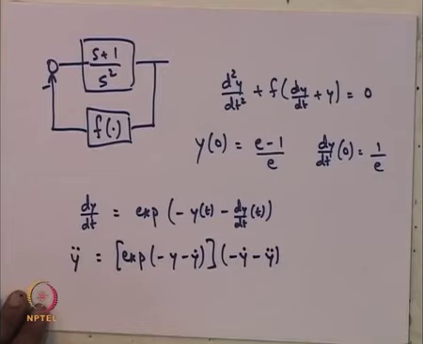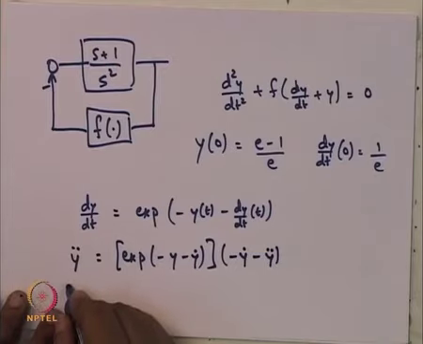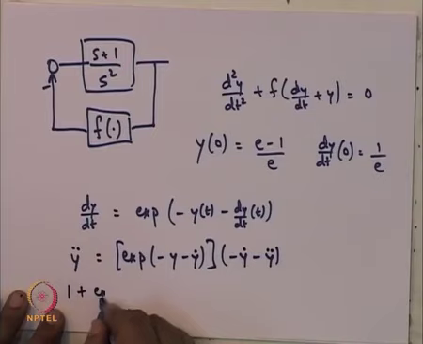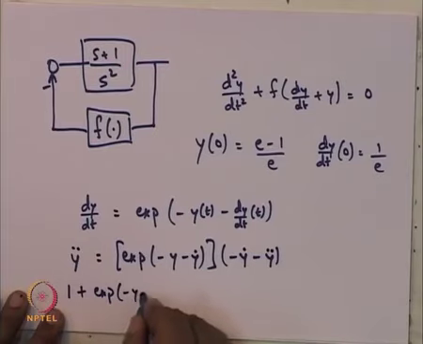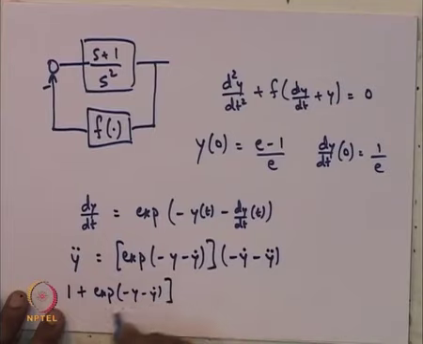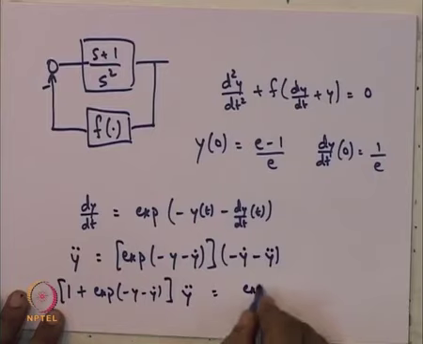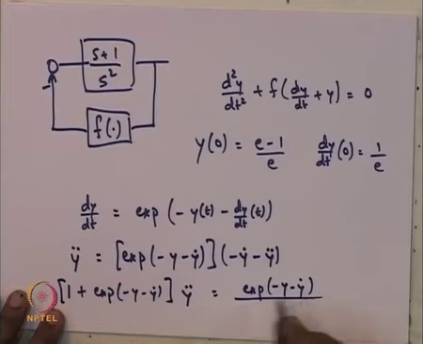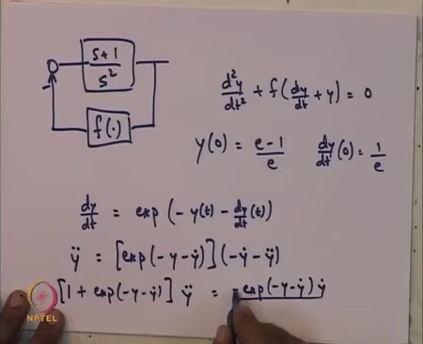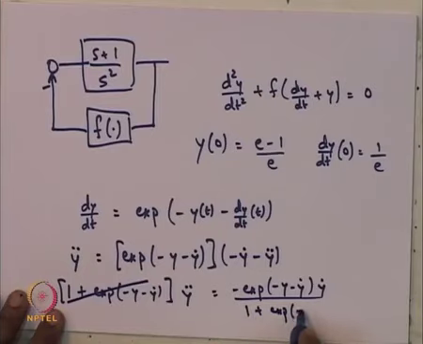So, this y double dot I take to the other side and I end up with 1 plus exponential minus y dot, the whole thing multiplying y double dot, is equal to exponential minus y dot times, okay, so there is a minus times y dot, and so y double dot is going to be, I take this below, 1 plus exponential minus y dot.